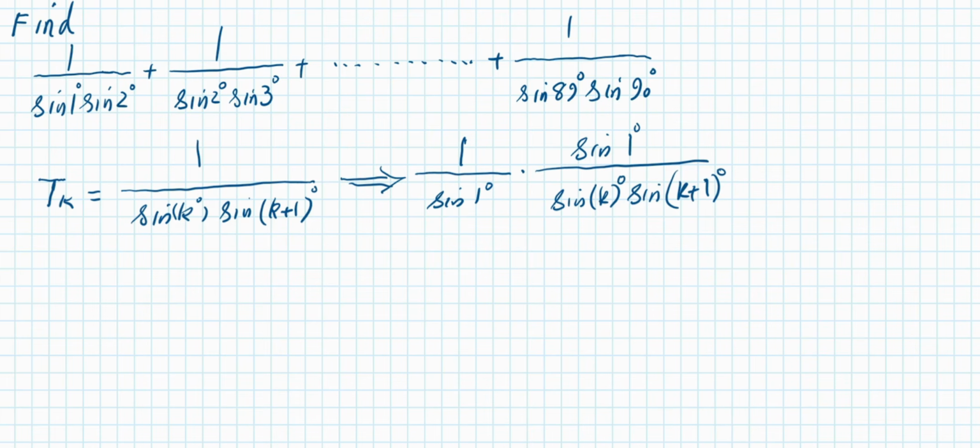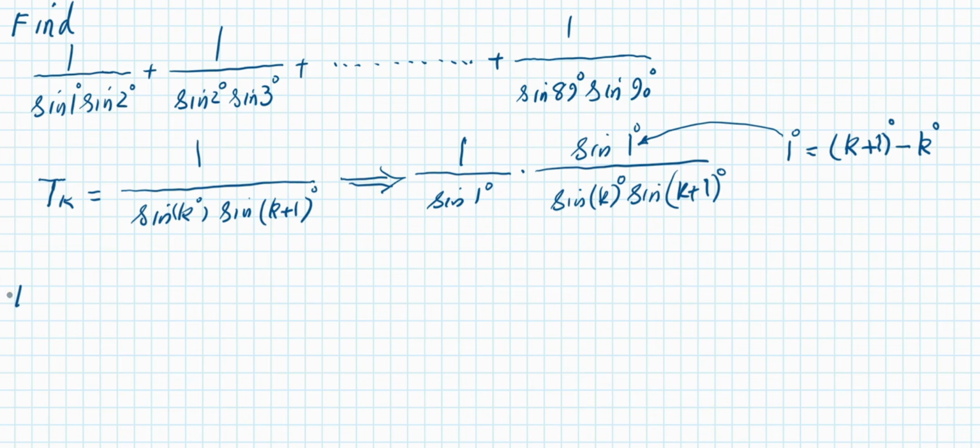Now we write 1 degree as k plus 1 degree minus k degree. So we replace for the numerator this sine of 1 degree here, sine of k plus 1 degree minus k degree.